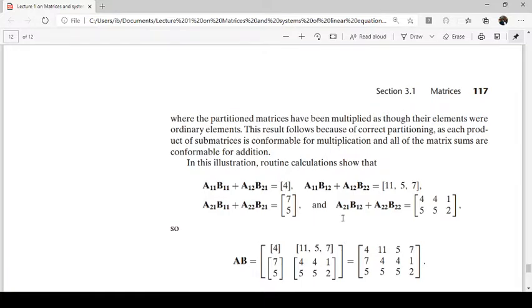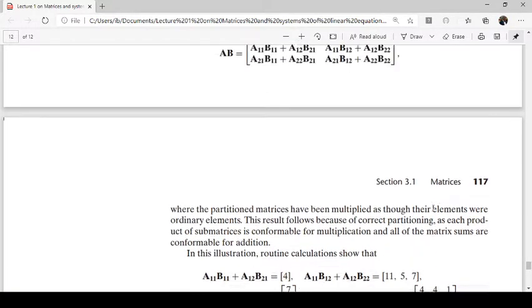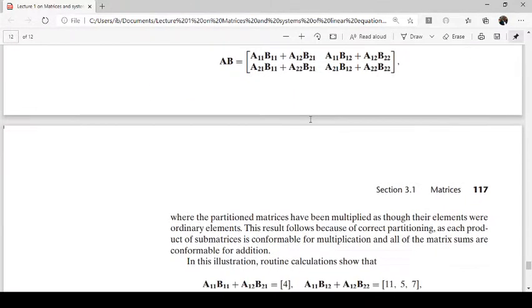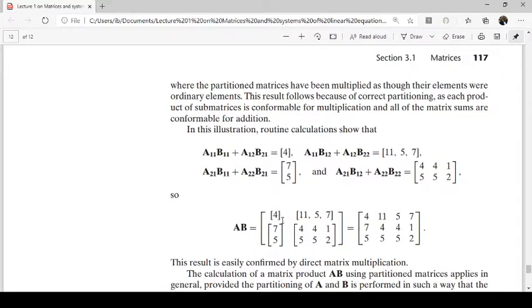After you have gotten this, you will now put it back into this matrix you have partitioned. You get this, you put it, you get this. Now, this is your answer. You will get the same when you do direct multiplication. Try it yourself when you do direct multiplication.